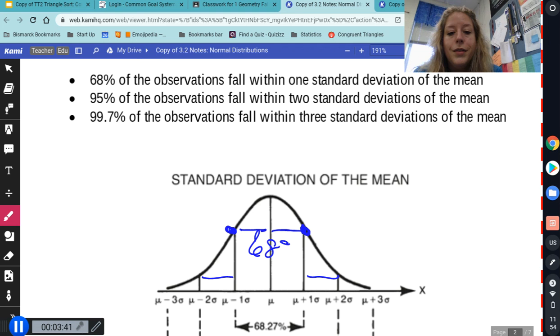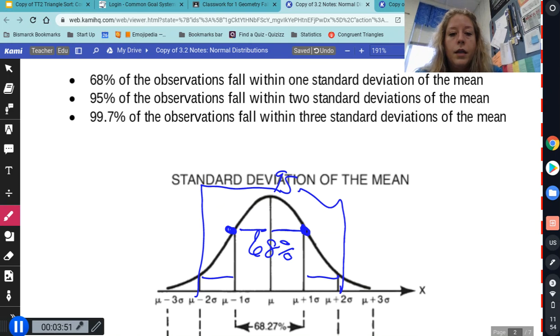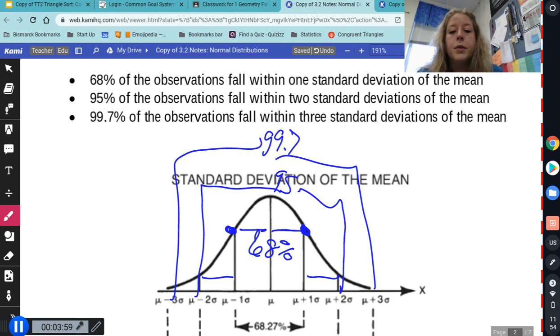68% of the data is going to be within one standard deviation of the mean, either up or down. That's the 68. 95% of the data is going to be within 2 standard deviations, up or down. And then lastly, 99.7% of the data will be within 3 standard deviations of the mean.